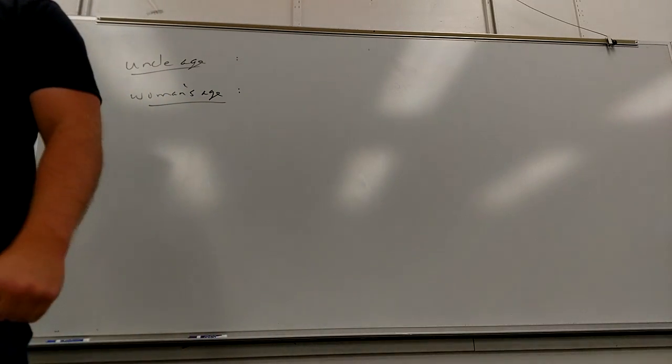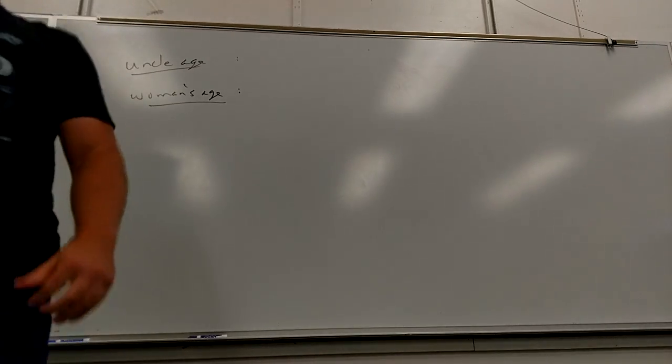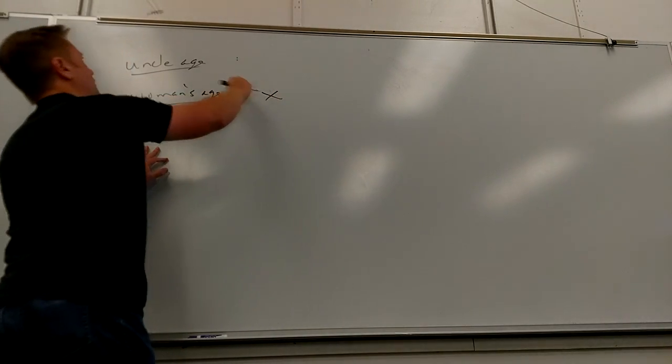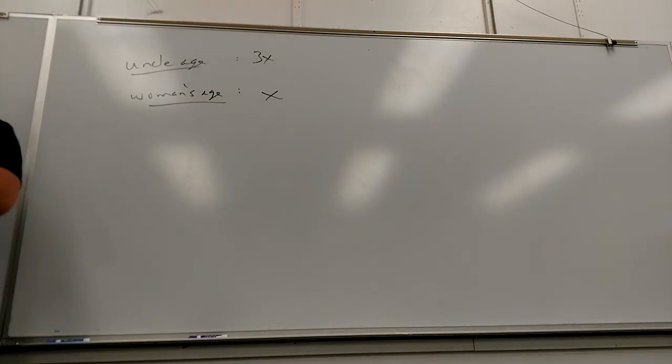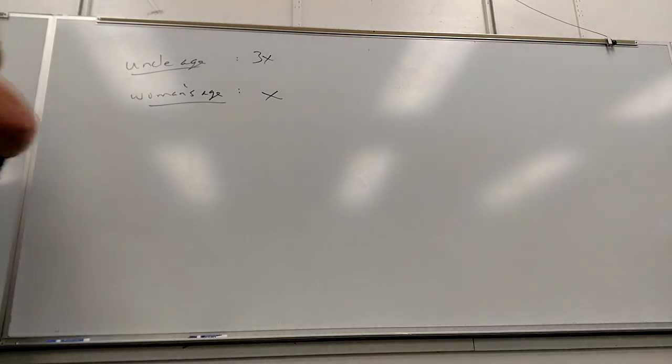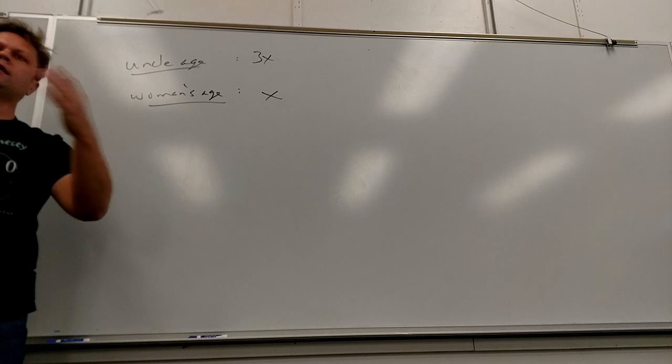So which one is going to be just X? It's the woman. Good. Why? Because if the woman is X, the uncle is 3X. I have to know the woman's age first, because the uncle's age is 3 times that. I have to do something to the woman's age to get an expression for the uncle's age. Let that step be easy.